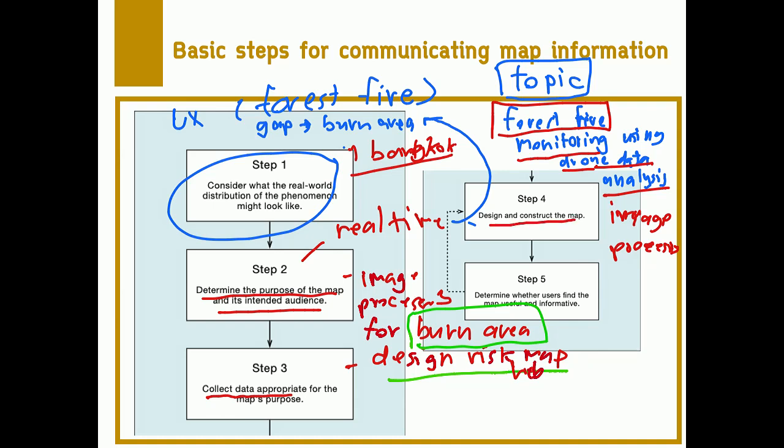It means the processing. Okay. And the last step, you design so that users find the map useful and informative. This is the overall that you want to create or implement, some kind of location-based analysis.